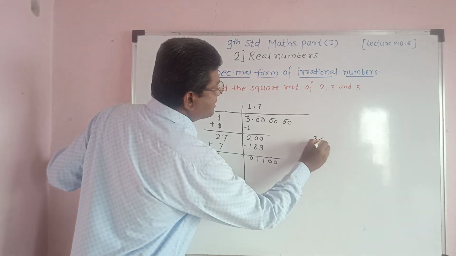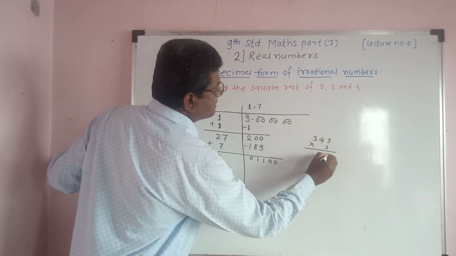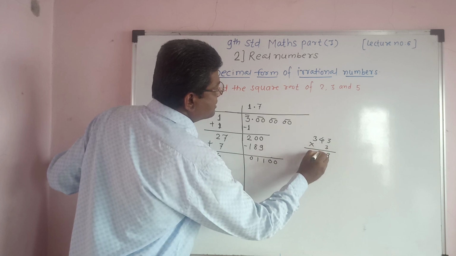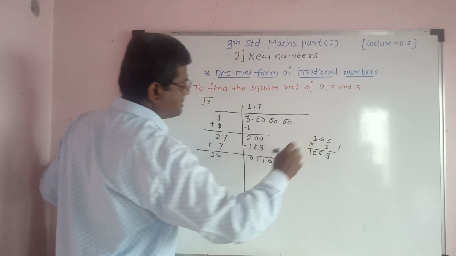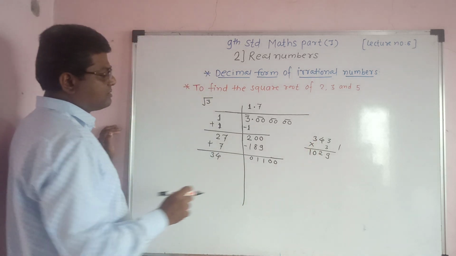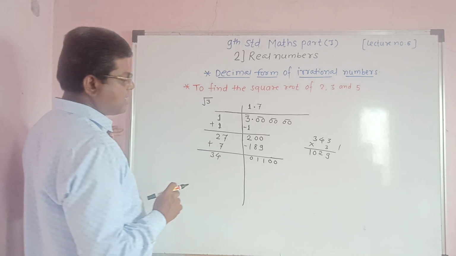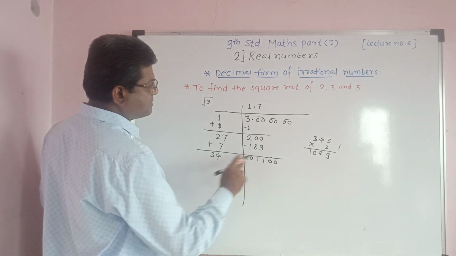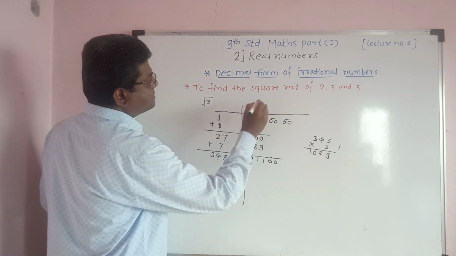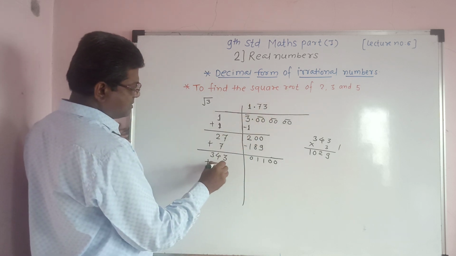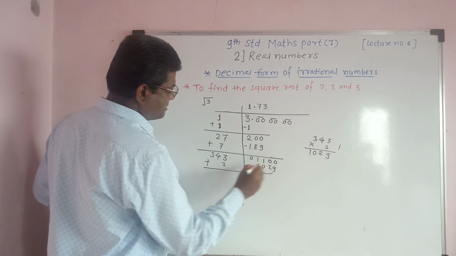Therefore we write 3 on 34 and multiply by 3. 3 3s are 9, 3 4s are 12, carry 1, 3 3s are 9, 9 plus 1 is 10. So this number is closer to this number and less than this number. Therefore we take 3, write the answer 3, add 3 here and subtract 1029 from this number.